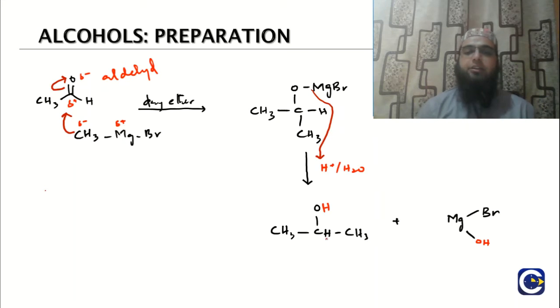In this reaction we get a 2 degree, secondary alcohol. So from the reaction between an aldehyde and the Grignard reagent, we get a secondary alcohol, and this is the byproduct in the reaction.